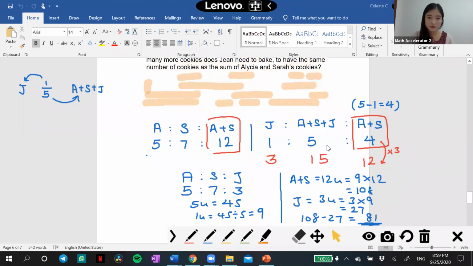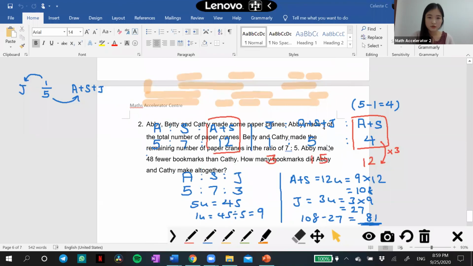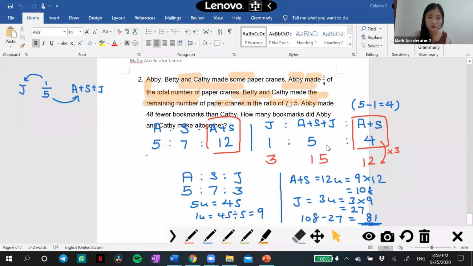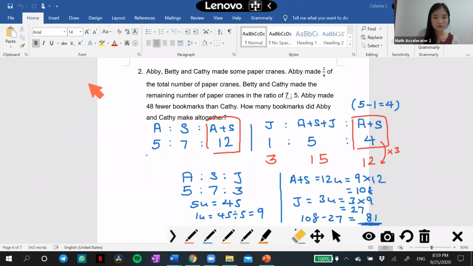Okay. On to the last question. Okay, Abby, Betty, and Katie made some paper cranes. Abby made 1/4 of the total number of paper cranes.